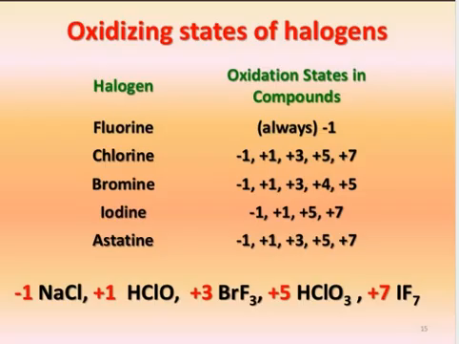Next is the oxidation states of the halogens. Consider that fluorine is always -1 because of its small size only. Fluorine never loses electrons. Fluorine is the most electronegative atom, so fluorine is always -1 only. But chlorine, bromine, iodine and astatine have d orbitals available.